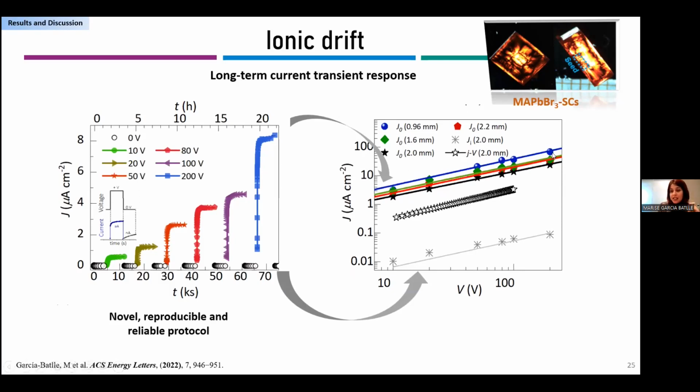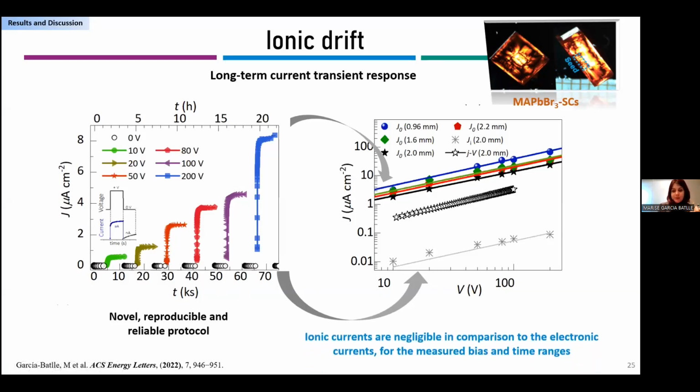We compare this steady state current value with the normal JV at a fast scan rate of our device, and also with the ionic current. The ionic current response here is extracted from the short circuit current, and this is a new way to obtain some ionic parameters.